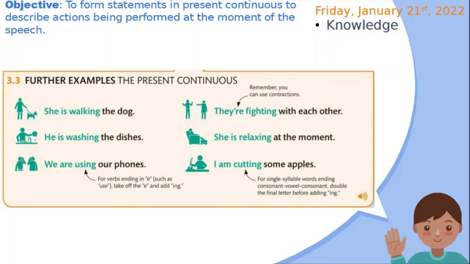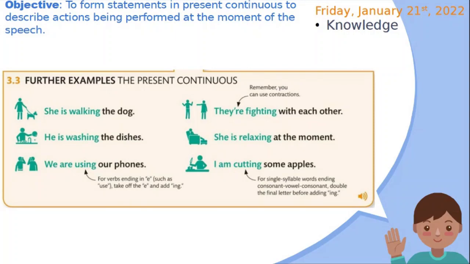Okay, here is another note. We need to check that when the verb is monosyllabic, it means a single syllable, and this verb is formed with consonant, vowel, consonant, like this. C-U-T is consonant, vowel, consonant. We need to double the final letter before adding the ing.